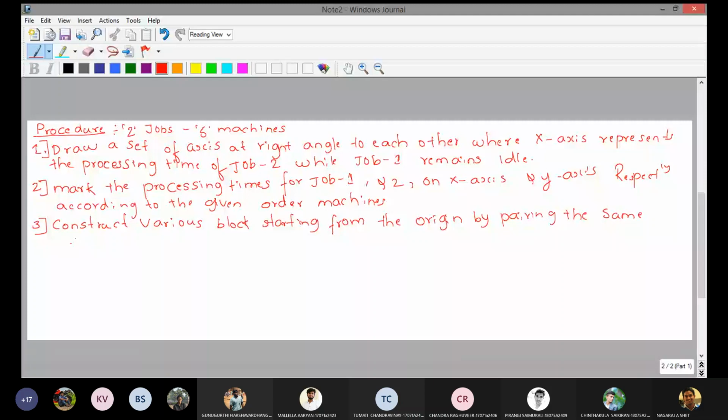So you'll get a clear idea, from x and y, until a point gets joined, or until a point gets marked to the finish.